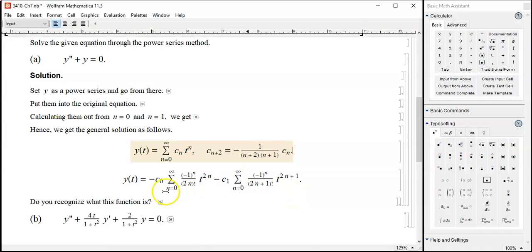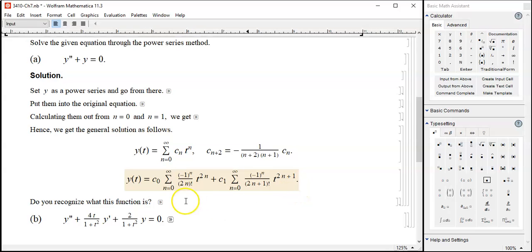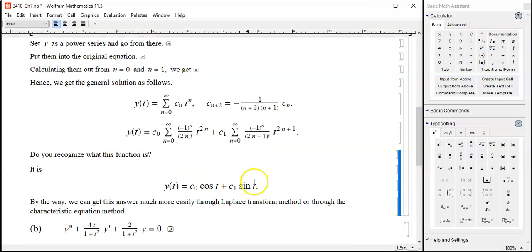Oh, no, excuse me. Previous expression was correct. Sorry about that. Previously, n was running from 2, 4, 6, and so on, and 1, 3, 5, and so on, but they both begin from 0, so no, this is correct. And do you recognize these functions? Sine and cosine.